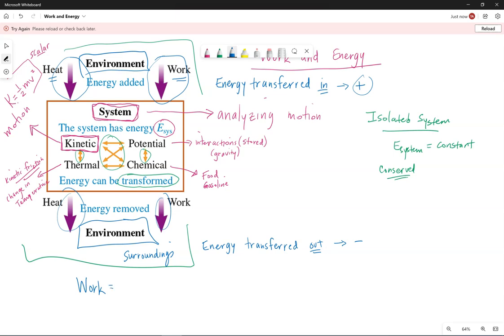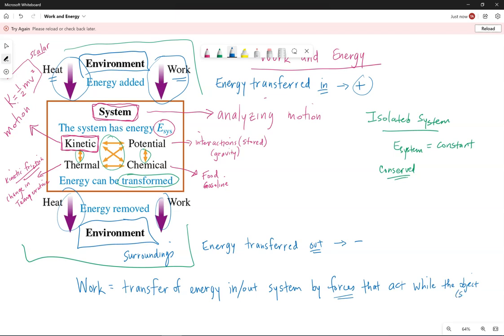The physics definition of work is that it is a transfer of energy either in or out of a system by forces that act while the object moves.